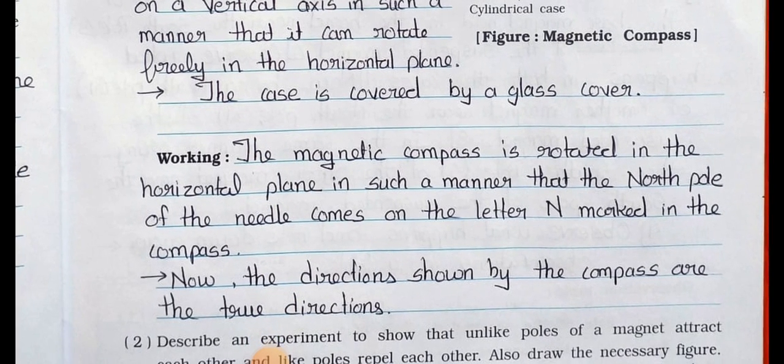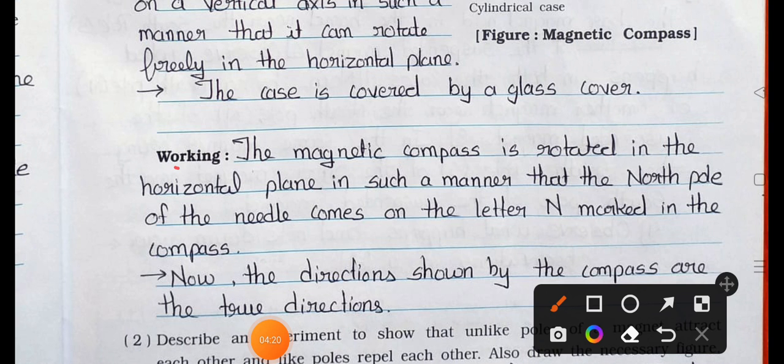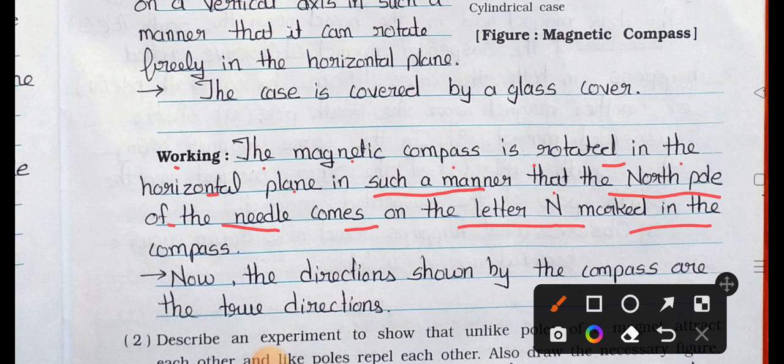The case is covered by a glass cover. Working: the magnetic compass is rotated in the horizontal plane in such a manner that the north pole of the needle comes on the letter N marked in the compass. Now the directions shown by the compass are the true directions.